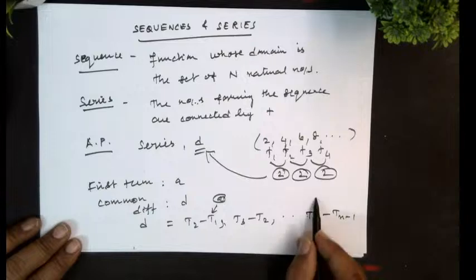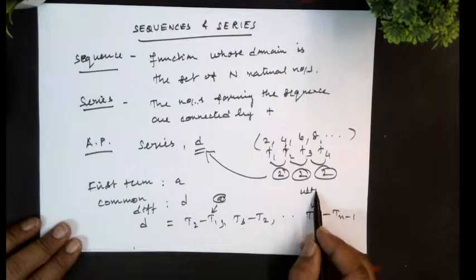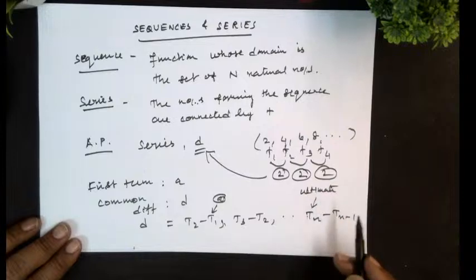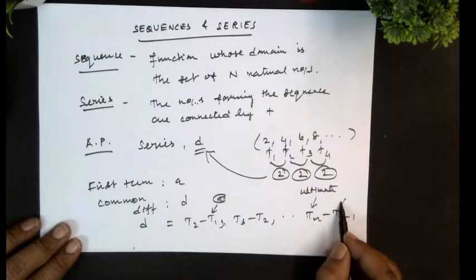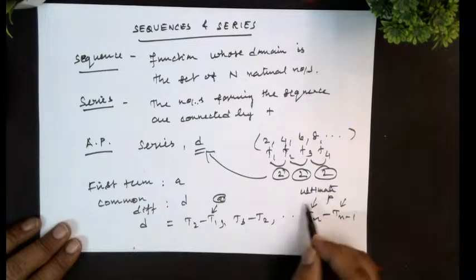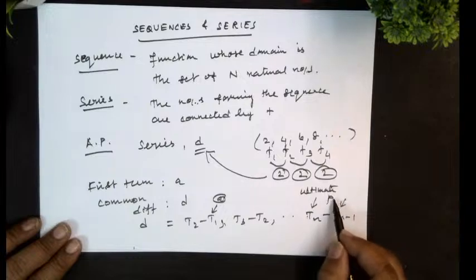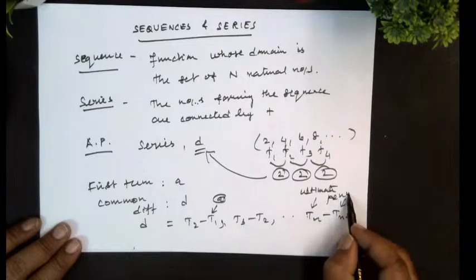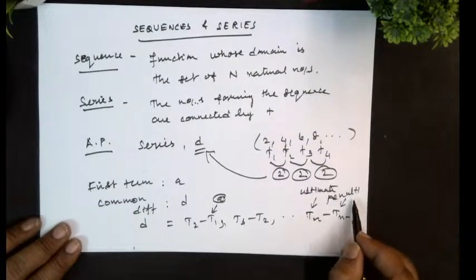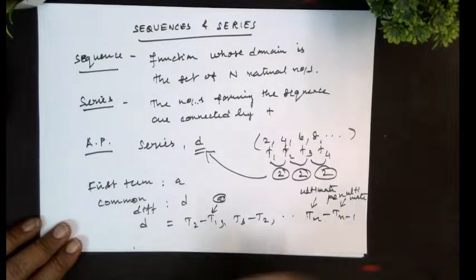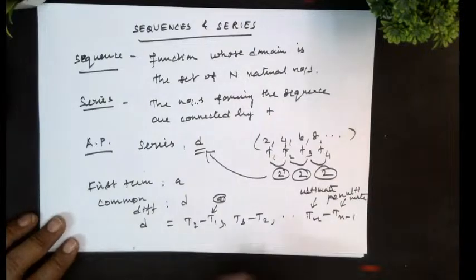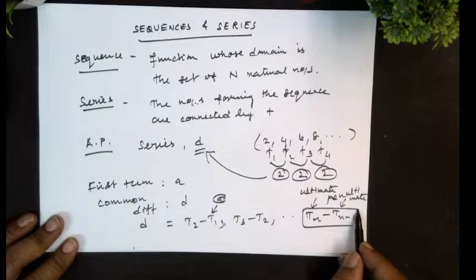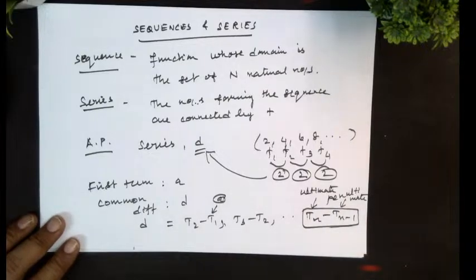So this is called the ultimate, the final term, and this is called penultimate. Penultimate means the last but one. So Tn minus Tn minus 1.